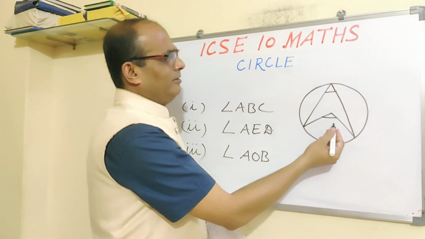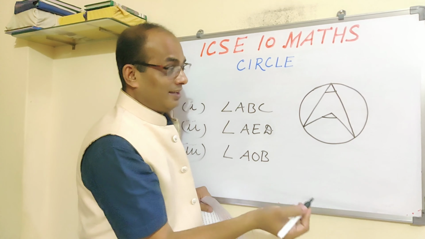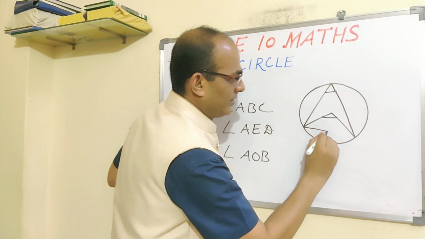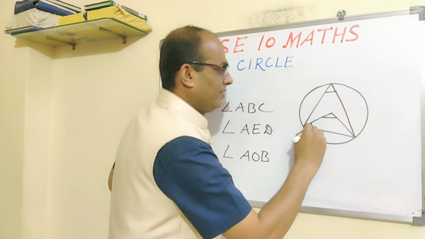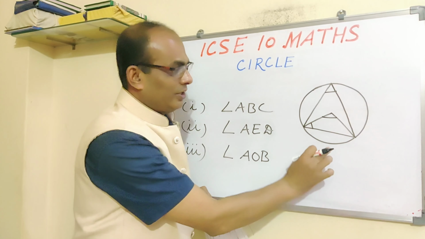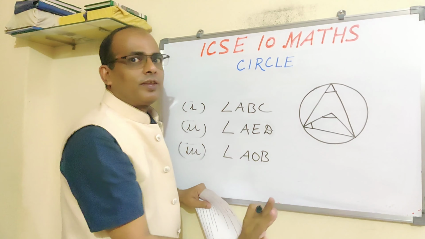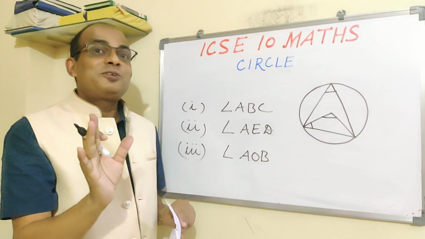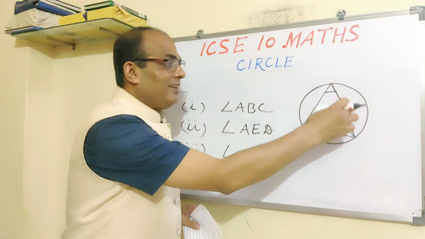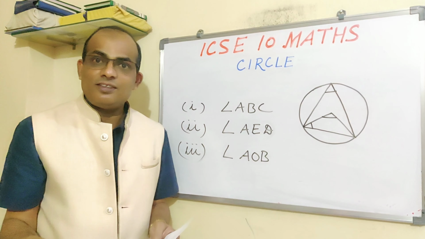This angle is given. Sometimes you are doing some construction also. Suppose you are joining this point in order to get this angle or this angle, whatever. So you are doing some construction joining these 2 points. But this you are not doing in the answer sheet because you are not copying this figure there.